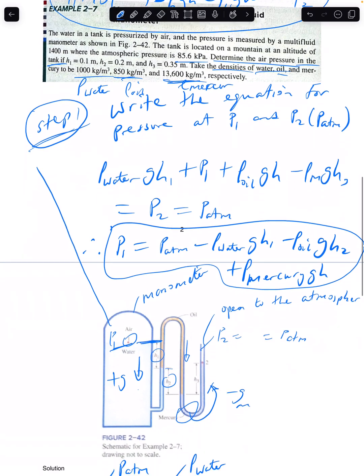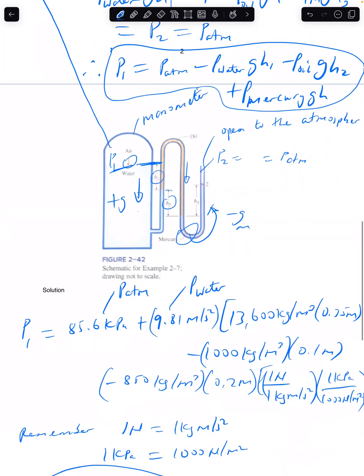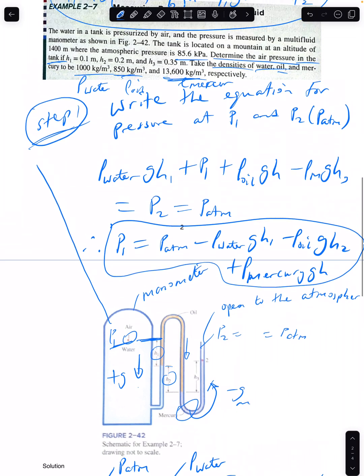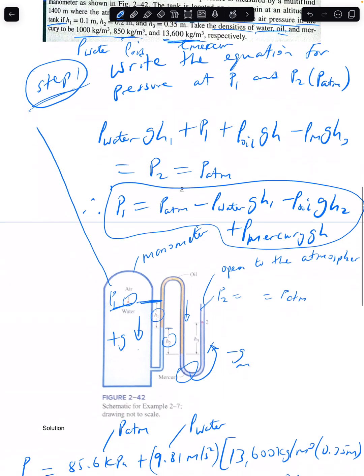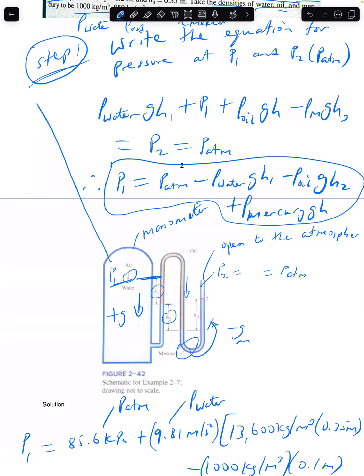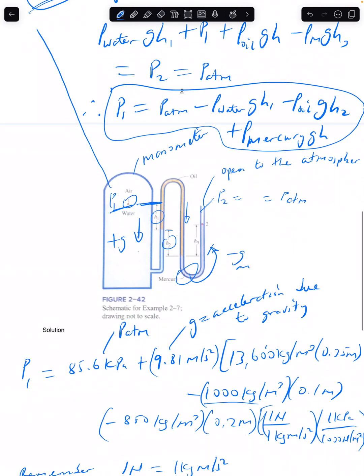If you look at the formula carefully, this is density for water, and therefore we have gravitational acceleration, G, which is acceleration due to gravity.